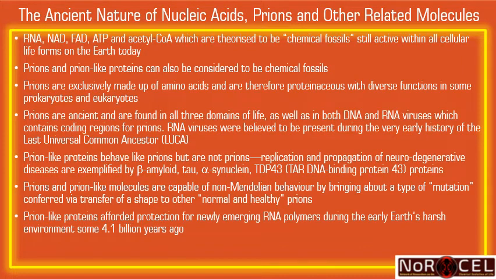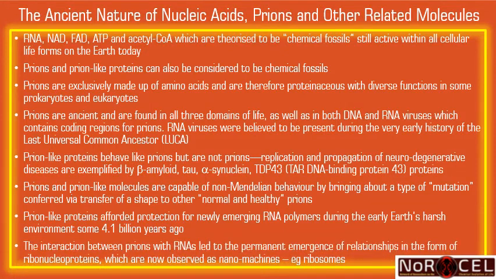Prion-like proteins afford protection for newly emerging RNA polymers in the early Earth's harsh environment some 4.1 billion years ago. The interaction between prions and RNAs led to the permanent emergence of a relationship in the form of ribonucleoproteins, which are now observed to be nanomachines, as exemplified by ribosomes.